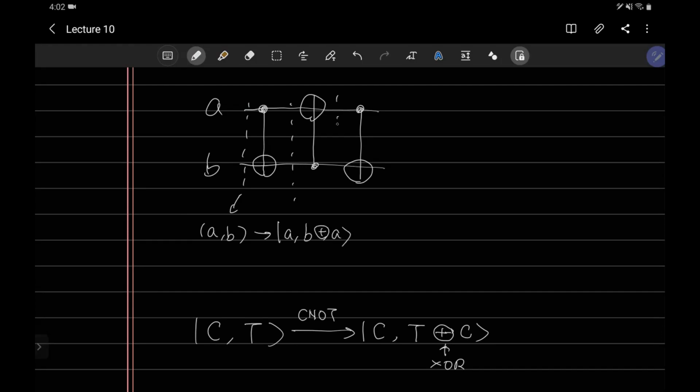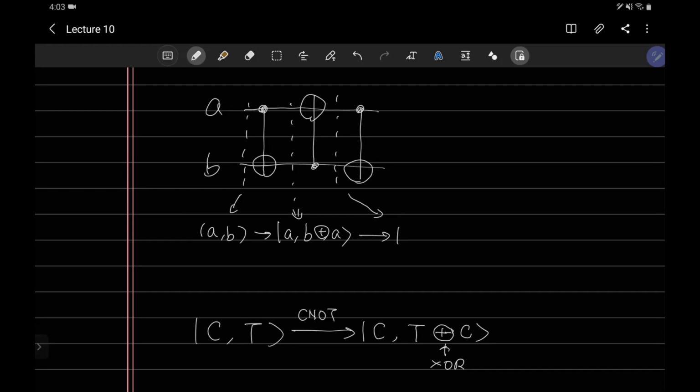Now, to think about what happens at this point, in this case the second qubit works as a control, and the first qubit works as a target.